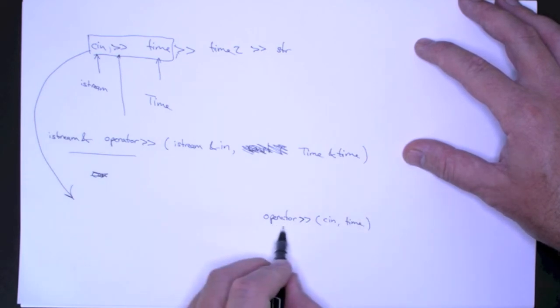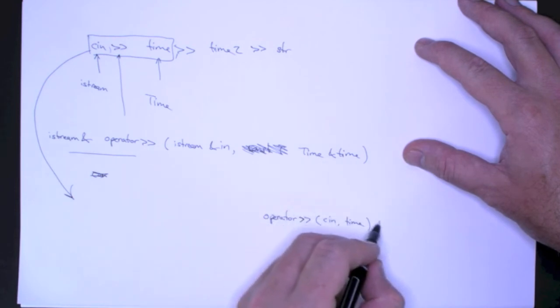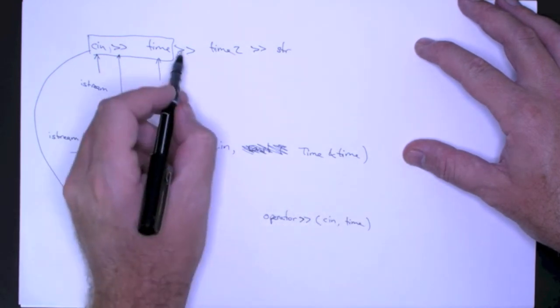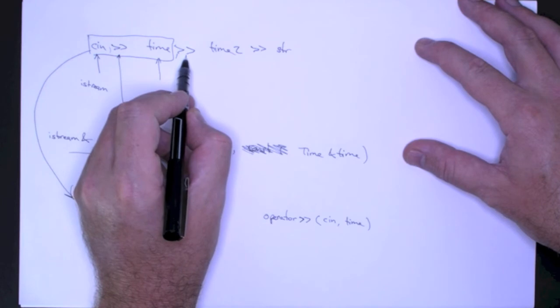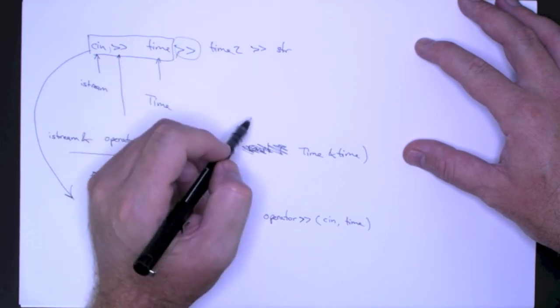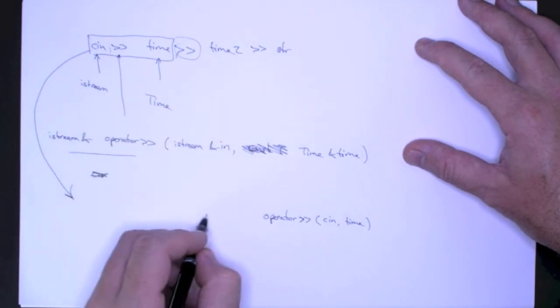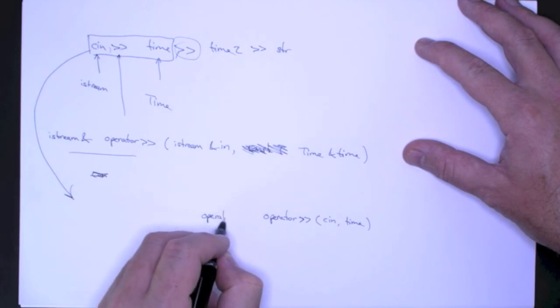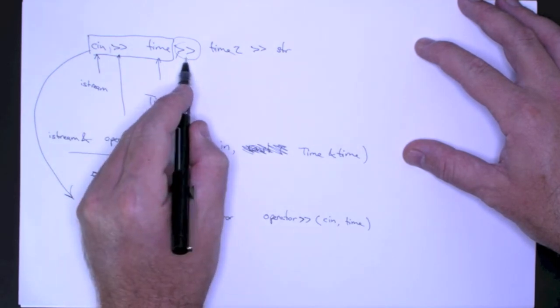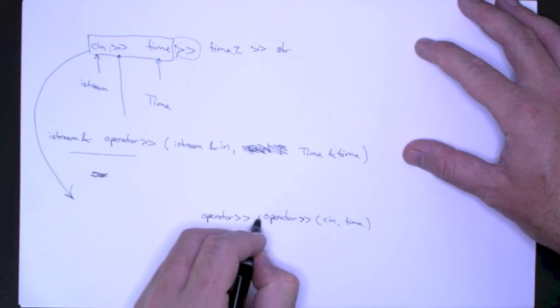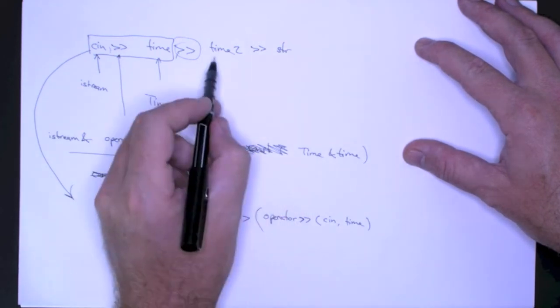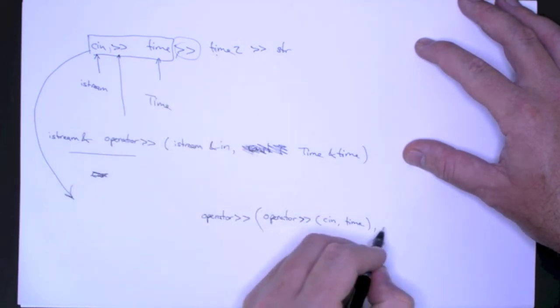So this is going to extract a time object from cin. Whatever this return value is, that is going to be the input to this extraction. And in fact, it's going to be the first argument to a second call to the extraction operator, and we're going to extract time2.